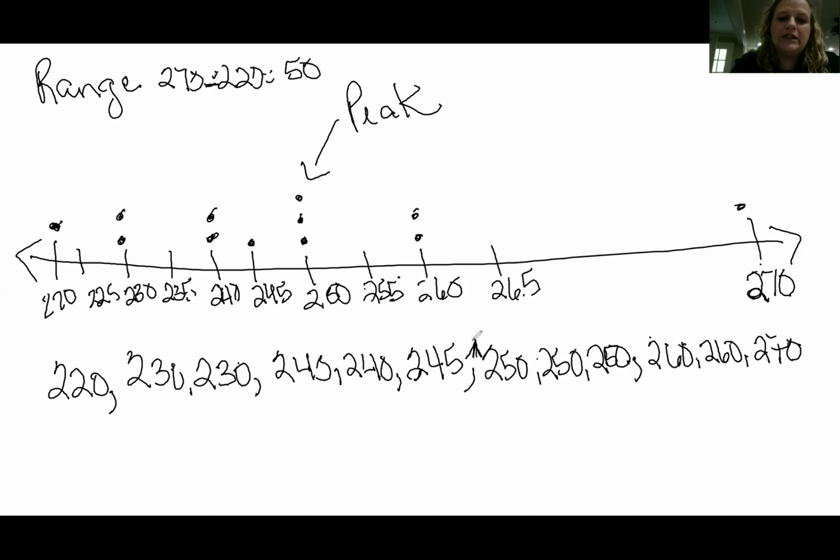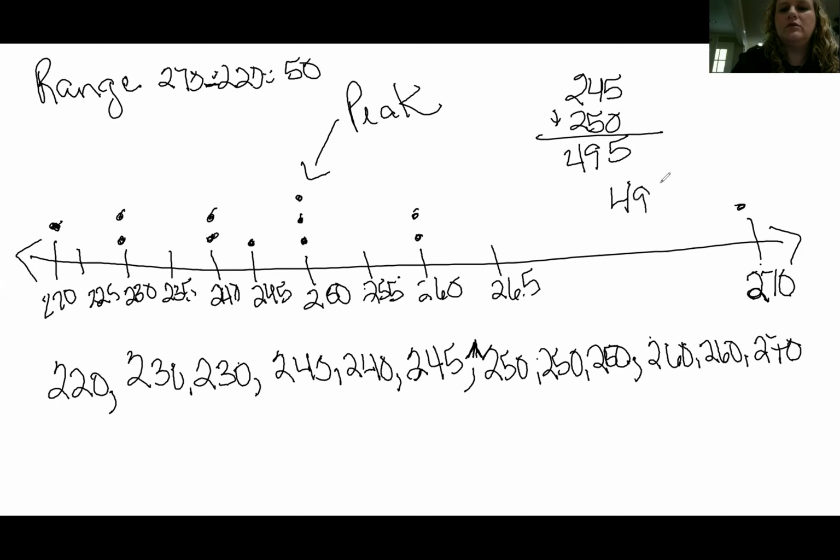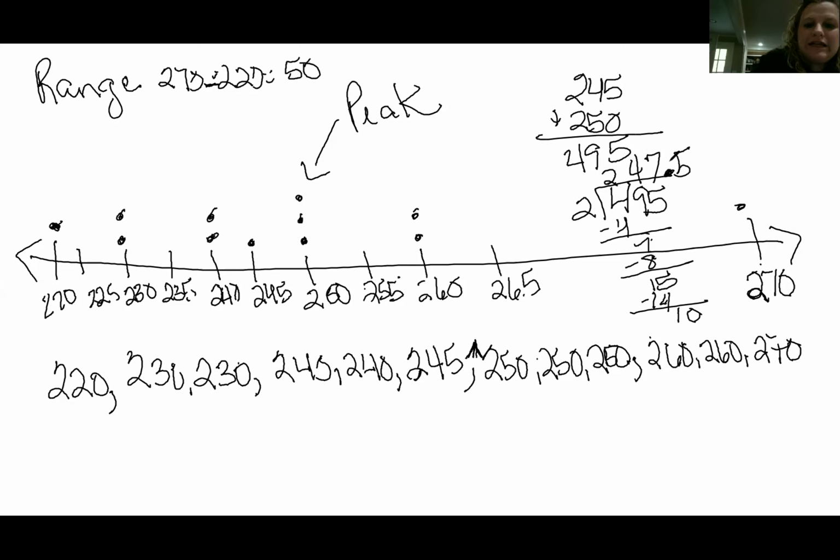So when it's between two numbers, I can say 245 plus 250 is 495, and then divide that by 2. That's 247.5. So my median is 247.5.